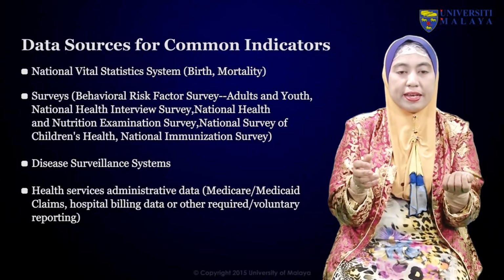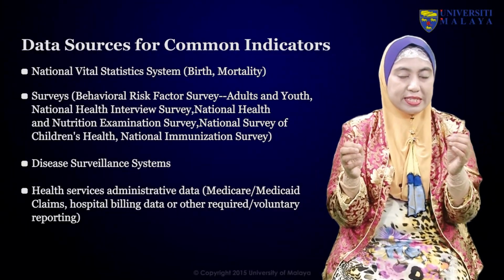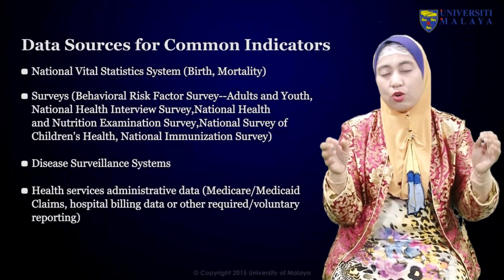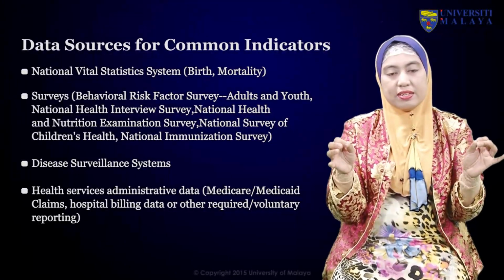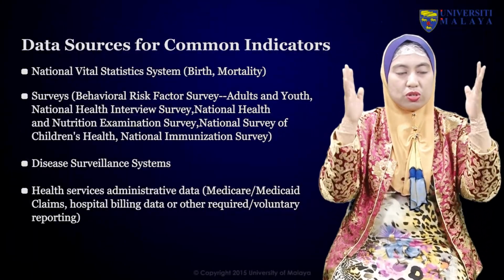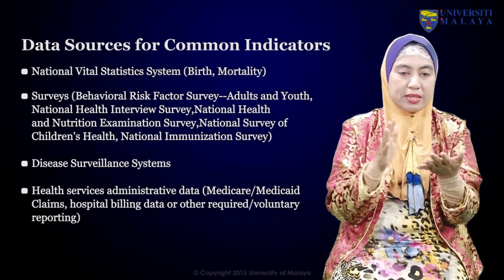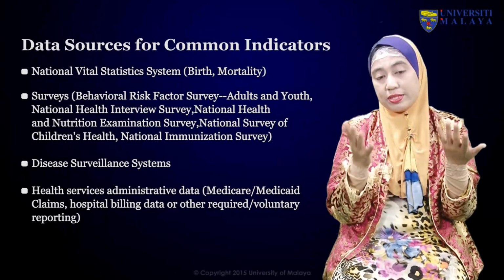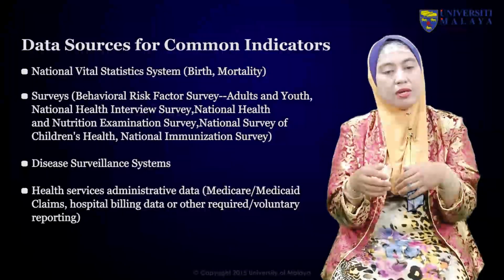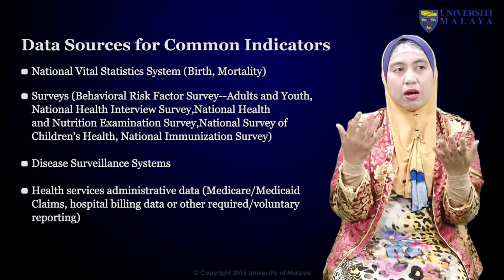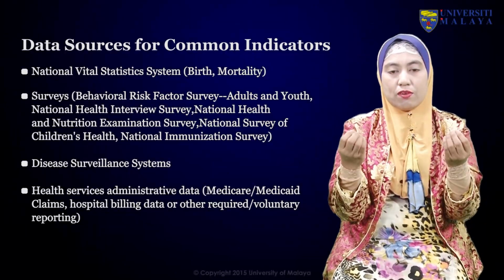Okay, and usually there are certain disease surveillance systems in any country. Okay, according to the disease that is more common in that country, and if we want to go more towards being developed countries, you have to have Medicare or health services administrative data, like Medicare, Medicaid claims, about the billing, about how they manage the healthcare of that population.